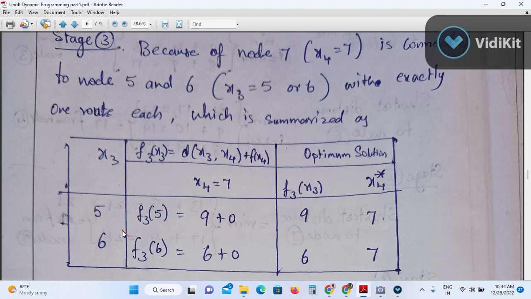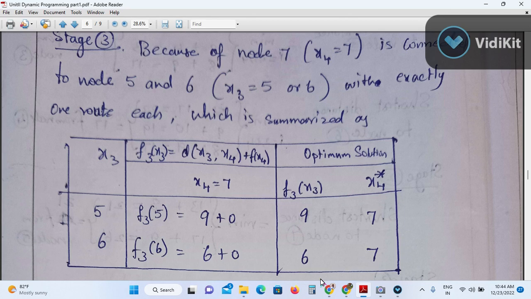Similarly, taking x3 as 6, f3 of 6 is nothing but 6 plus 0. Now adding these values, I'll put it here: f3 of 5 is 9 and f3 of 6 is 6. Now among these two, which node gives the optimality?